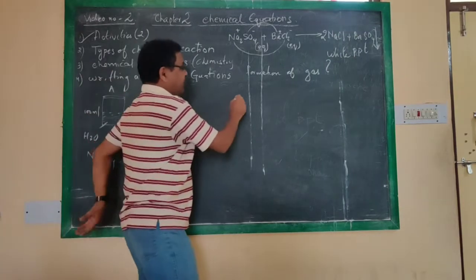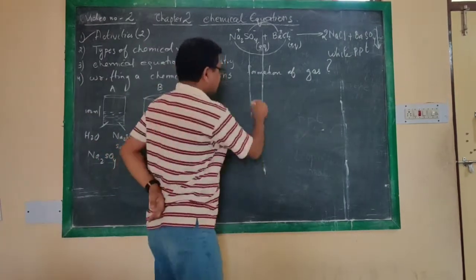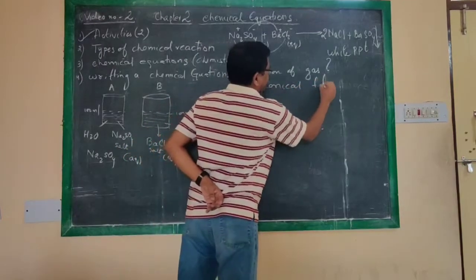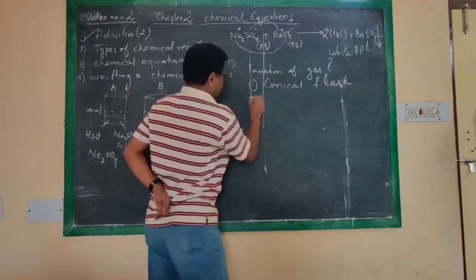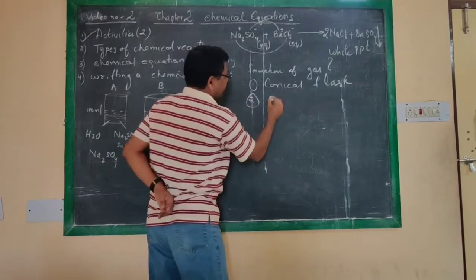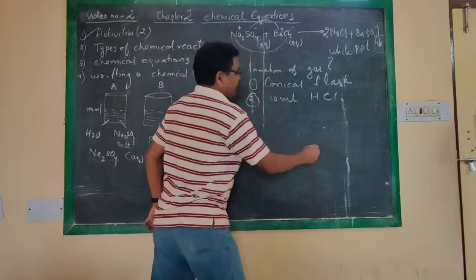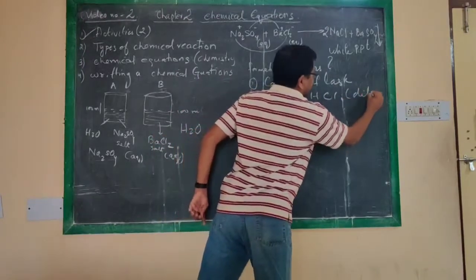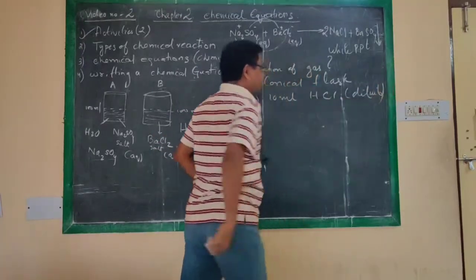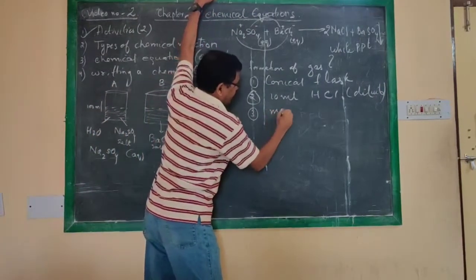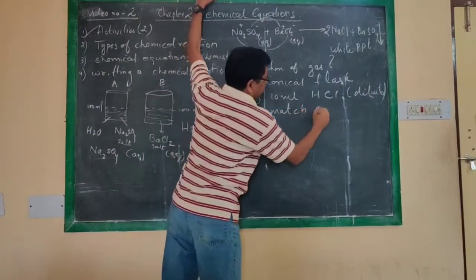For this activity, what we require is, first, a conical flask. Second, we take 10 ml of dilute hydrochloric acid. Third, a matchstick.